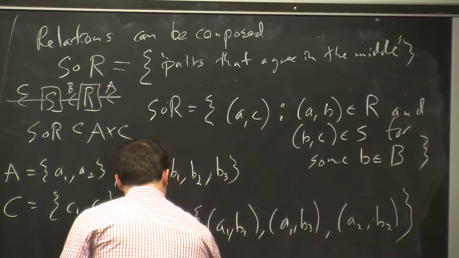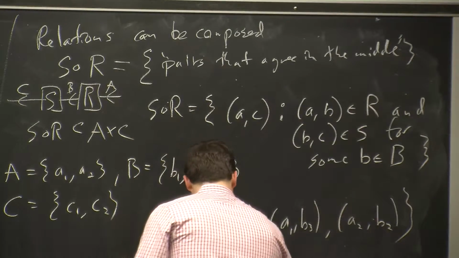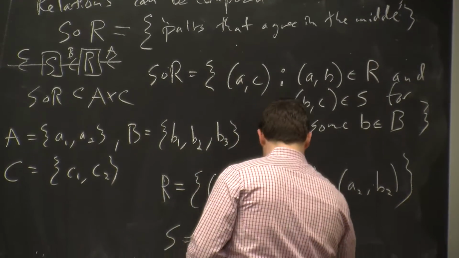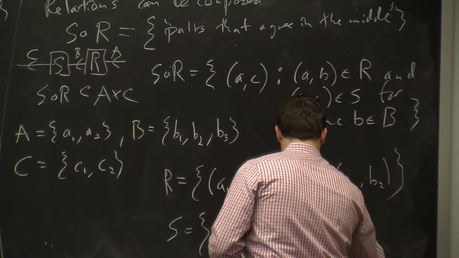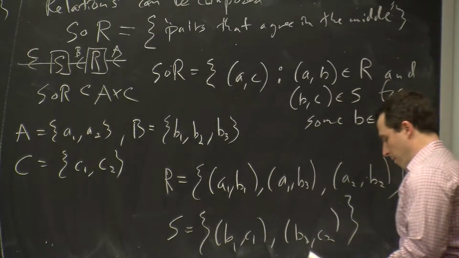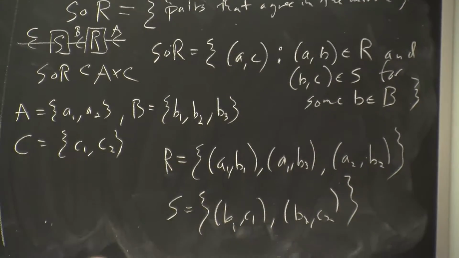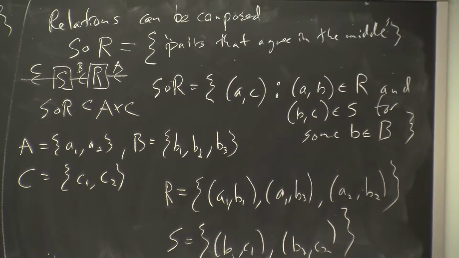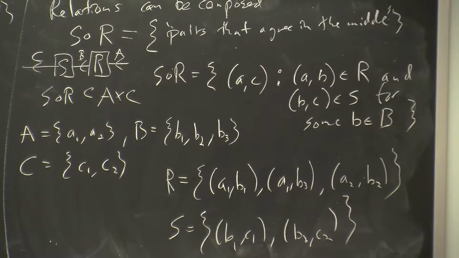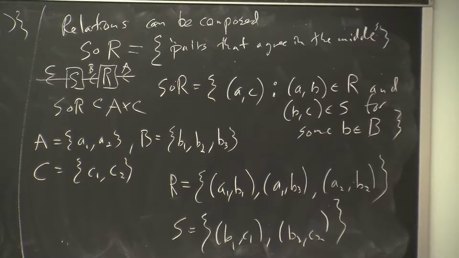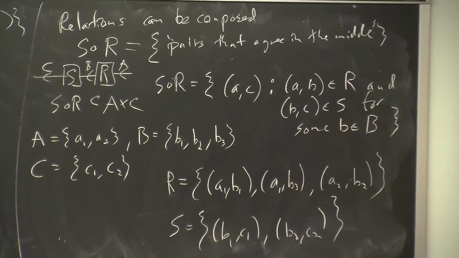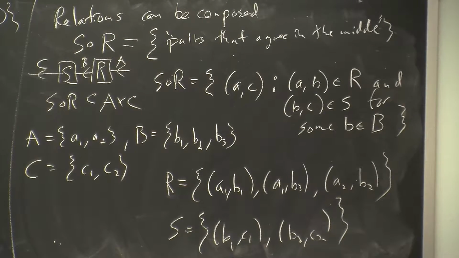And S can be a relation B1, C1, B2, C2. And we want to compose those two relations according to that rule. That is, we want to look at all the possible intermediate steps B and include pairs that have an intermediate that matches.